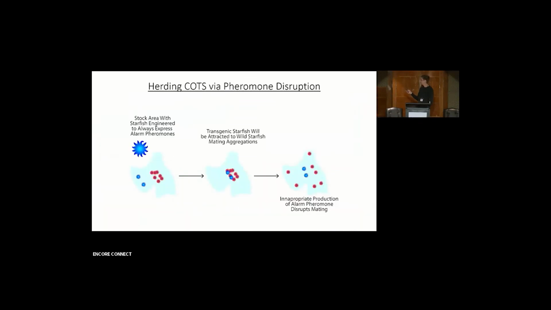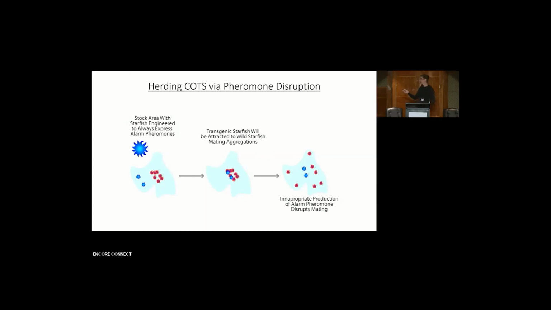And excitingly, there's also some of this pheromone work that people have been talking about, and ways to potentially exploit that technology as well, by engineering the crown of thorns starfish to express peptides that it's secreting into the water that are manipulating the behavior of the other crown of thorns starfish, right?